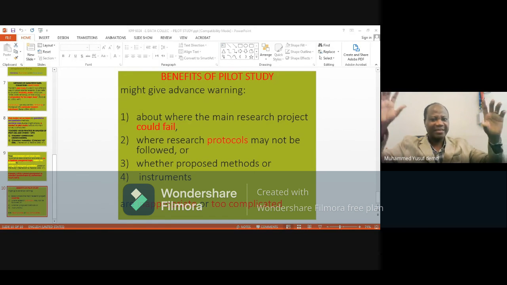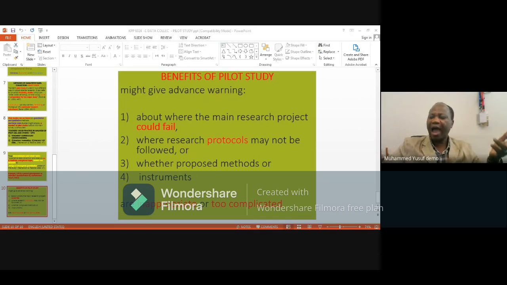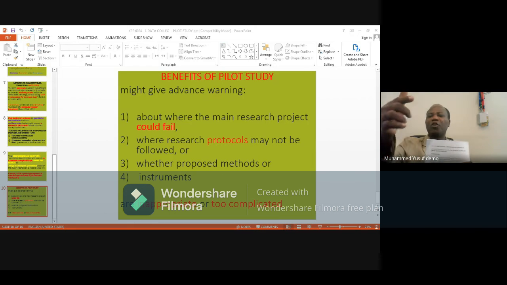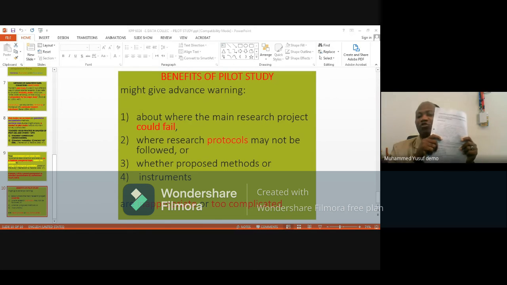You get the point? Then you tell the people, how did you develop your instrument? Maybe you get some of the instrument from someone. Okay, what is the genuineness of that instrument? Let's say I adopt Alex's instrument. Why did I adopt your instrument? Because it is good. How do I convey to the people that your instrument is good? They have to go to the validity of this instrument.